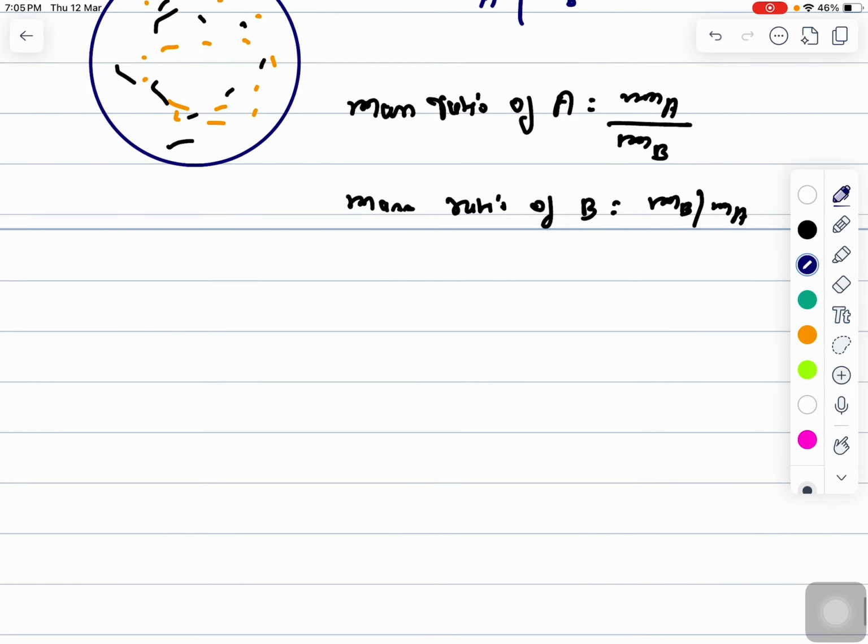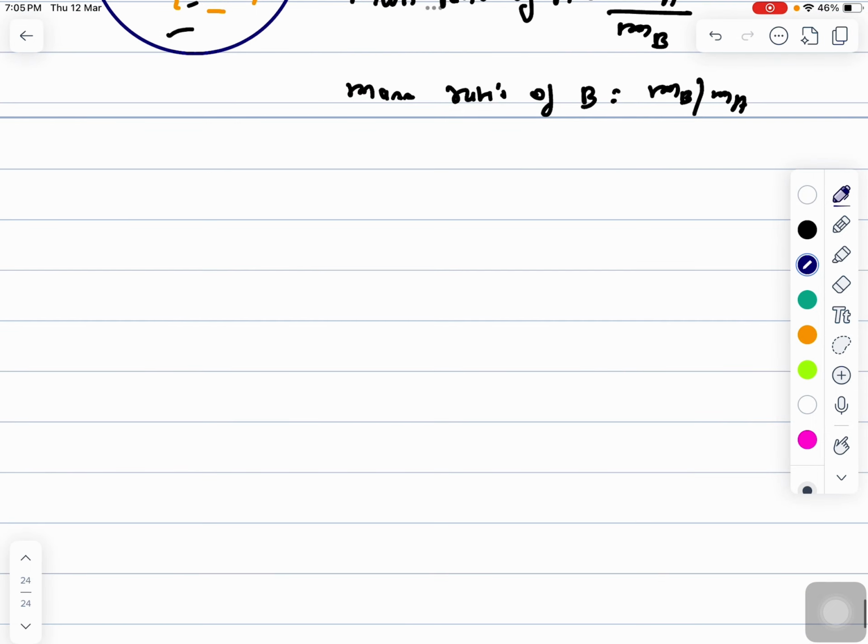Now the next thing that I'm going to discuss here is calculating the moisture content based on the dry basis and wet basis. It's also a very important and very preliminary concept.